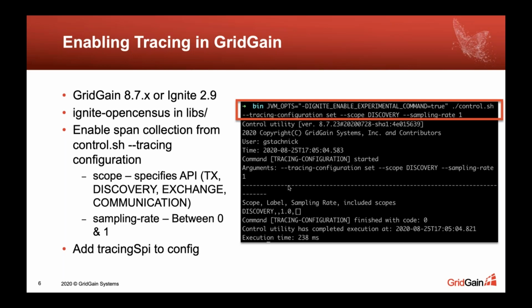So maybe they're noticing that a problem was occurring, and if they're trying to reproduce it, maybe they hadn't enabled tracing at that point. They could go into control sh, enable tracing for the relevant APIs, decide on a sampling rate, and then start to monitor the execution and start to look at spans to see what are the relevant stack trace information, what are the timings, what are the logs, things like that.